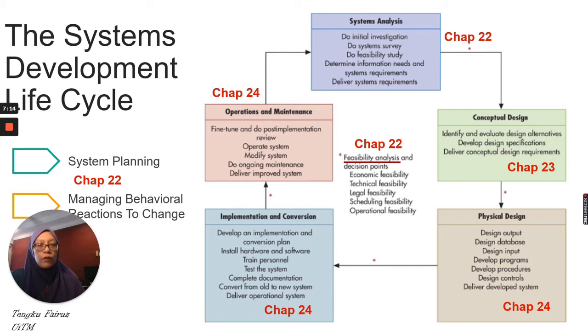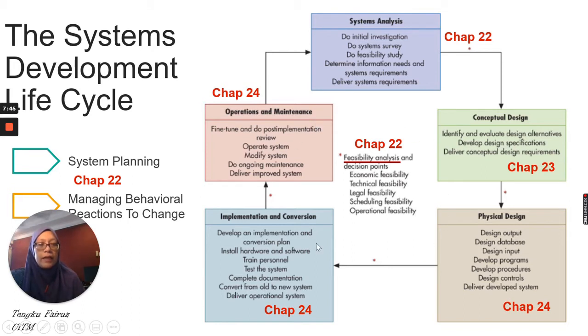So if you look at this figure, they also have steps involved in the middle. That's what we discussed in chapter 22, which is feasibility analysis and decision points. The feasibility analysis will be prepared during the system analysis, and will also be updated as necessary during the phases in the SDLC.